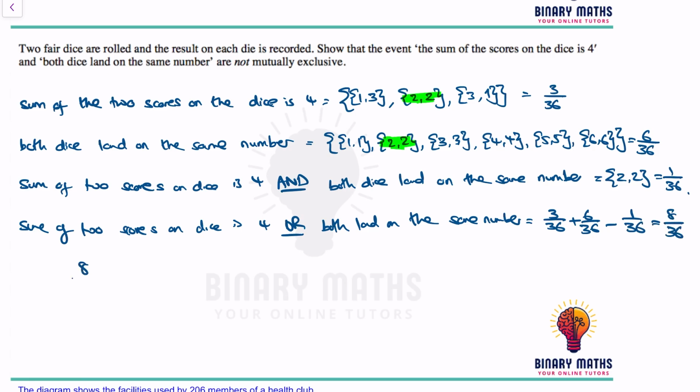Now, 8 out of 36 is not equal to 3 out of 36 plus 6 out of 36. Because if it was mutually exclusive, then the probability of one or the other happening will be the same thing as adding the two probabilities up. So, therefore, not mutually exclusive.